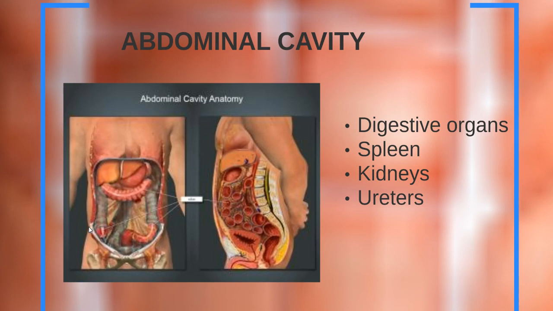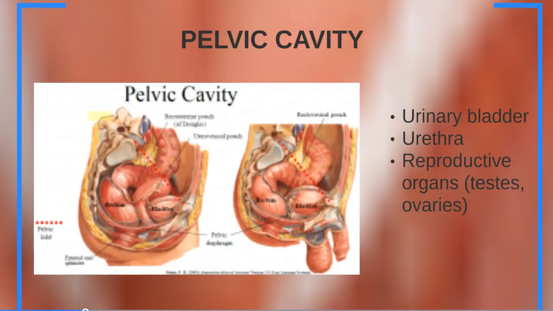And you'll find in there the majority of the digestive organs, the small intestine, the distal parts or lower parts of the large intestine, some parts of the spleen, and then more importantly, I guess, the kidneys and the ureters being in the back of that section as well. So the kidneys obviously dripping the waste down through the ureters to the bladder, which we'll actually find in the next cavity, which is the pelvic cavity.